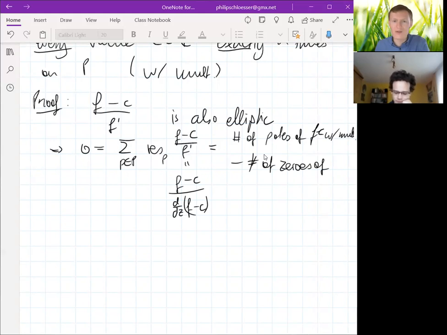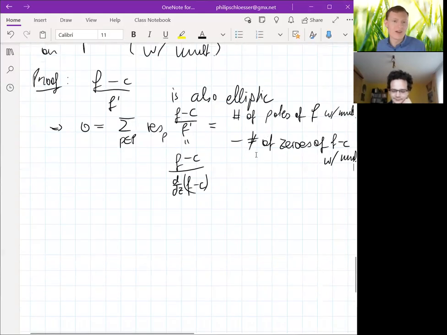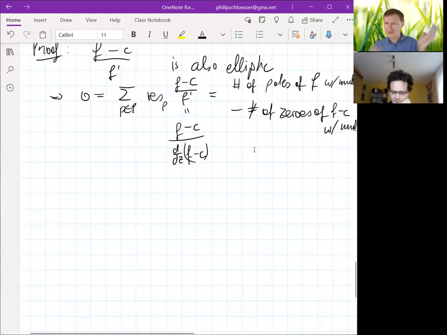And here we have the poles of f minus c, but if you adjust the function by some finite amount, the poles are not going to change. So those are also the poles of f, minus the number of zeros of f minus c with multiplicities. But now the number of zeros of f minus c is just the frequency with which f attains the value c. So this difference is equal to 0.